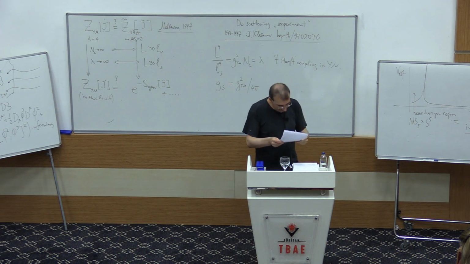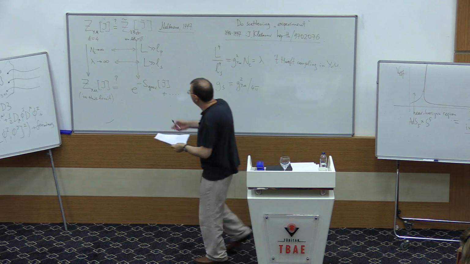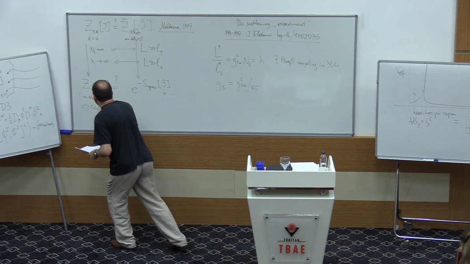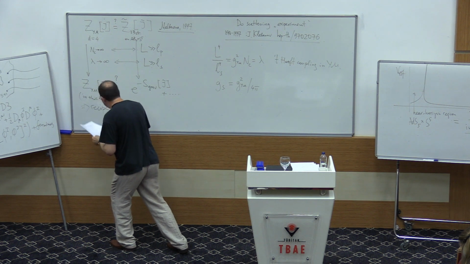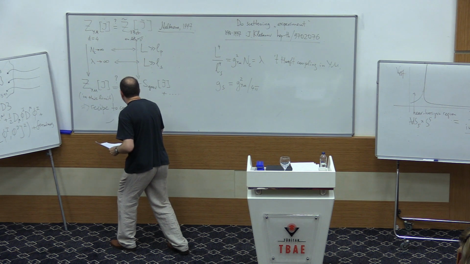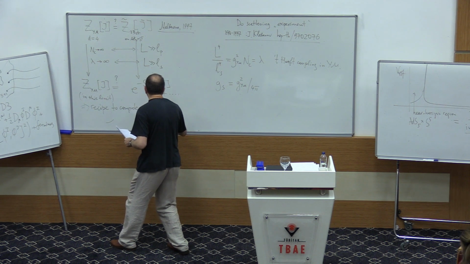So let me finish. All right, this gives you a recipe. This in particular gives you a recipe to compute, because this is the generating functional of Green's functions, of correlation functions, G retarded of omega and q.